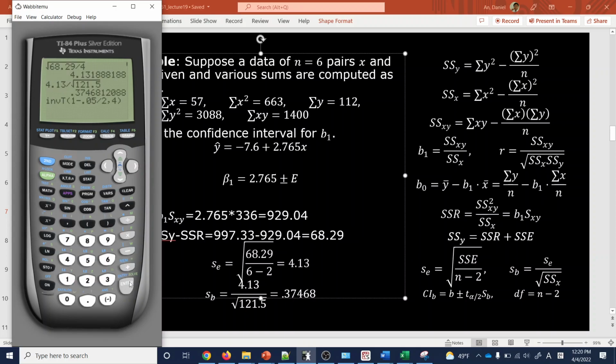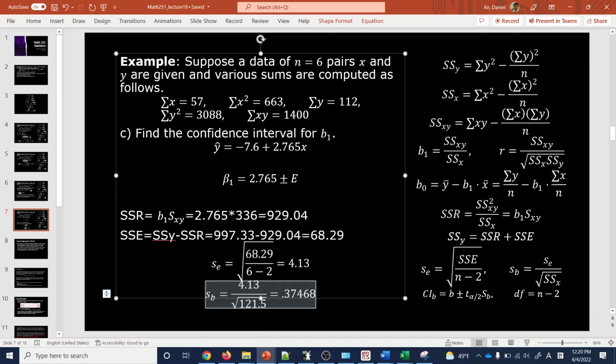So we enter it and get 2.776. Now you multiply that by the SB that we have, 0.37468. The result is 1.04.